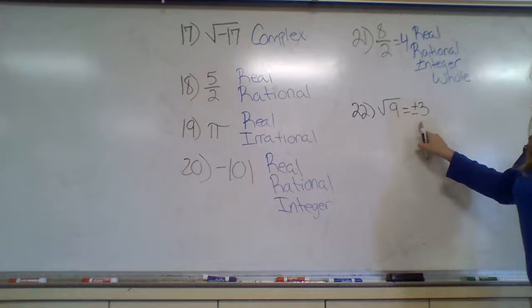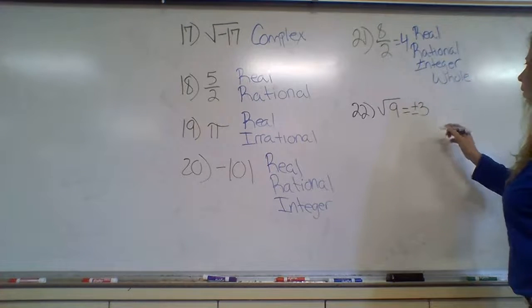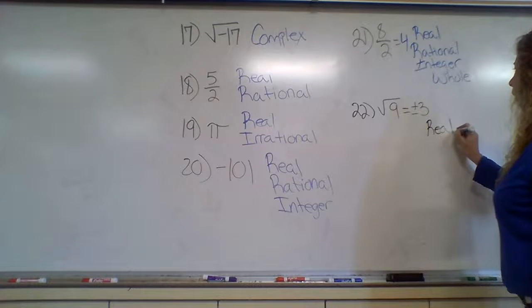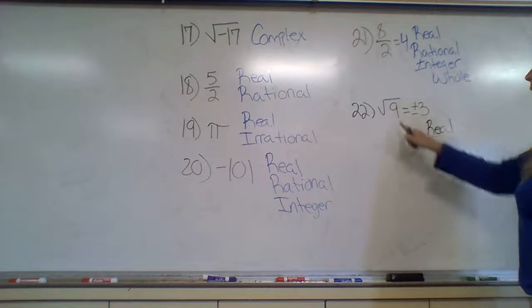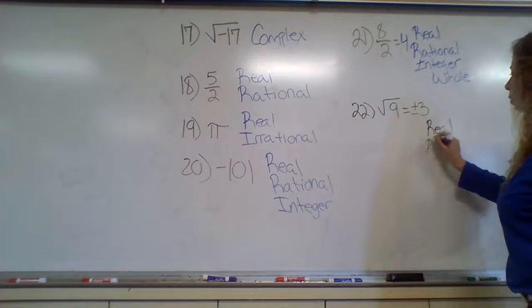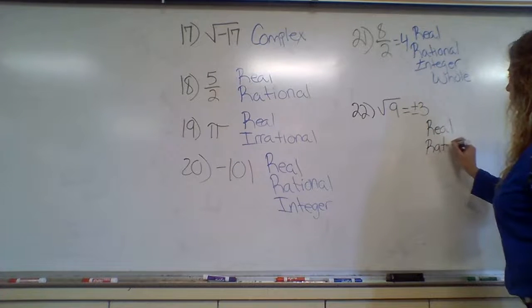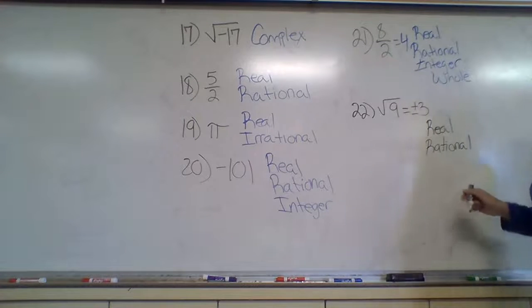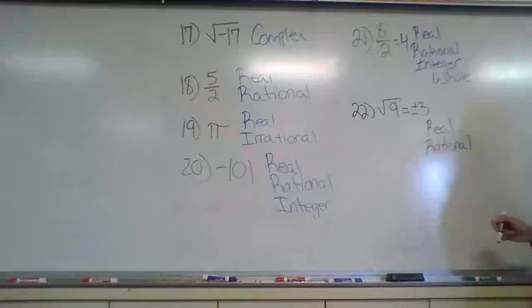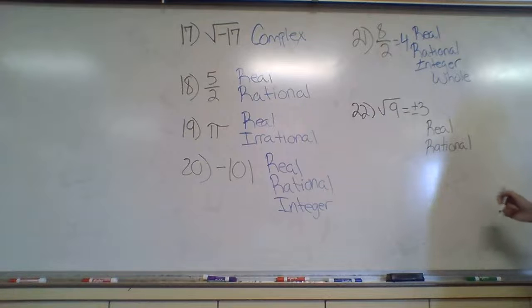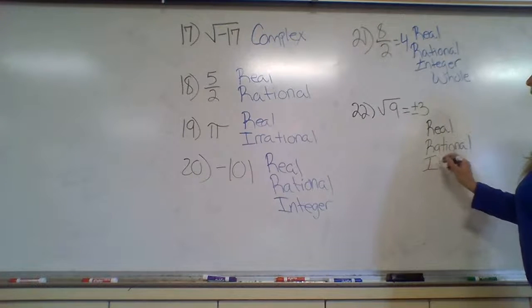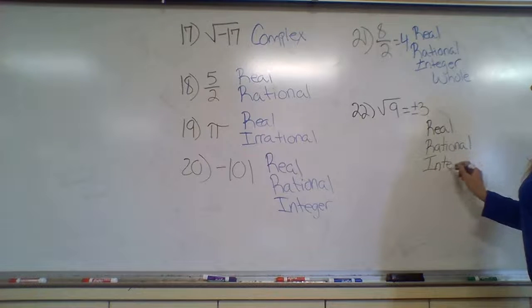Let me clarify this in a second. So, it is real. It's a perfect square, so it's rational. Whether your answer is 3 or negative 3, is it an integer? Yes. Integers are positive and negative whole numbers.